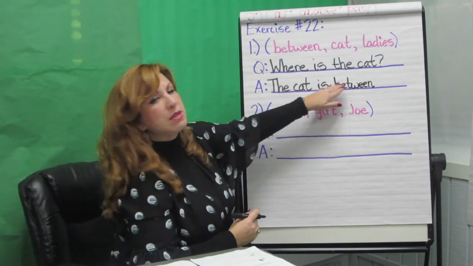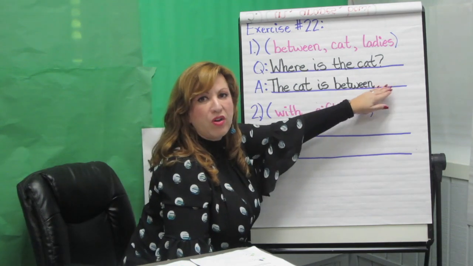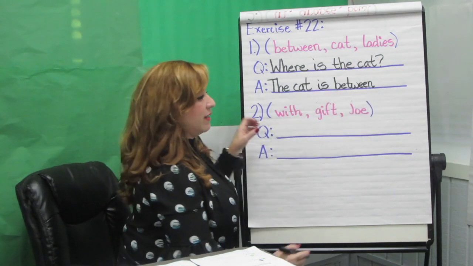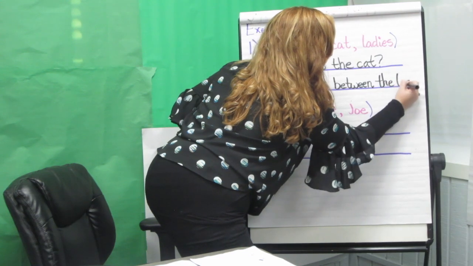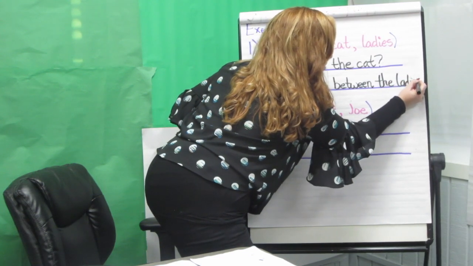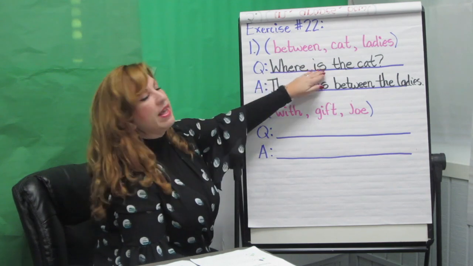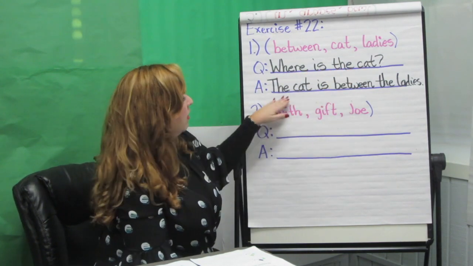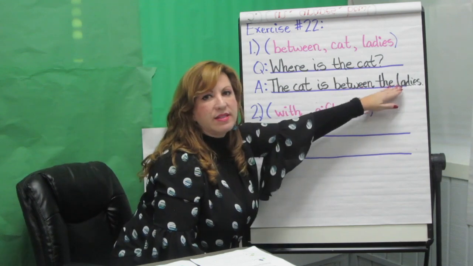The cat is between. Between is our preposition, and the object of our preposition is the ladies. So let's review. Where is the cat? The cat is between the ladies.